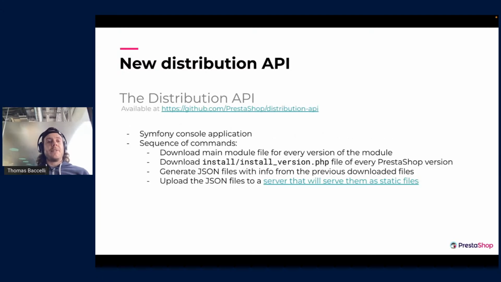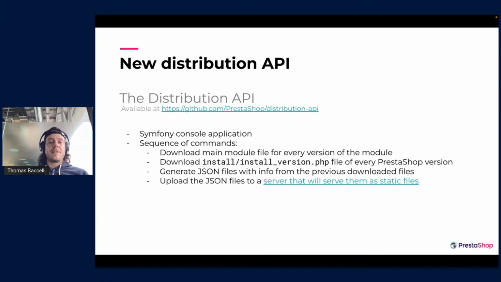About the first part, the distribution API, it's already available on the PrestaShop GitHub. How it works is very simple. It's a CLI application using Symfony console, and it only runs a sequence of commands.